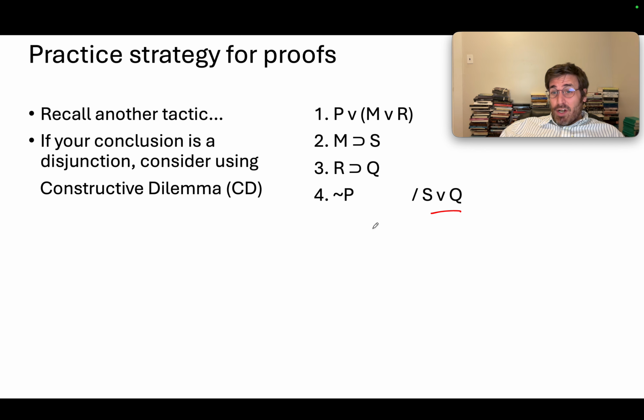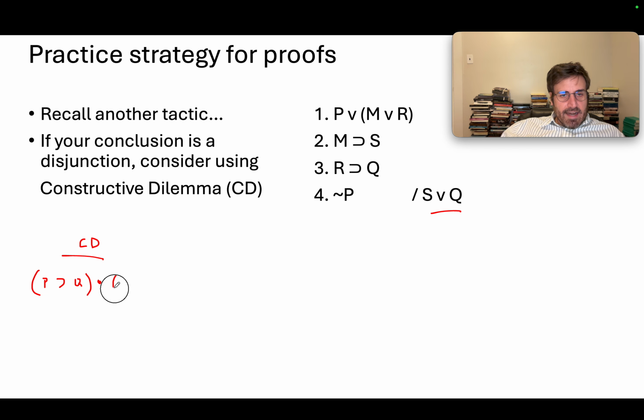Now remember, constructive dilemma is a pretty convoluted rule of implication. So it's very good to just write it out for yourself. So constructive dilemma, we abbreviate with CD. And the rule is really the conjunction of 2 conditionals, right? Both if P, then Q is the first conjunct.